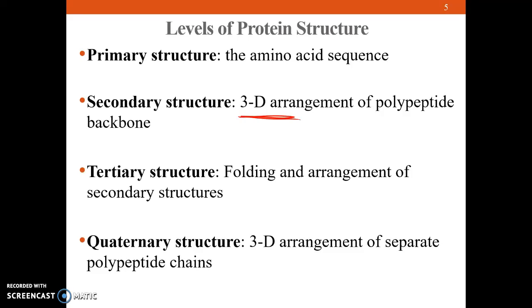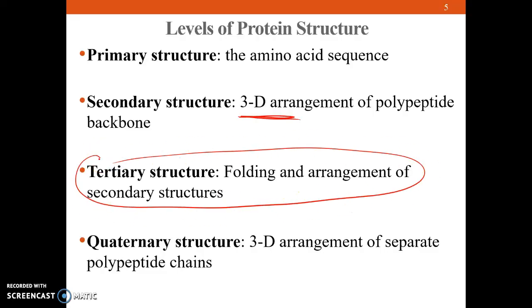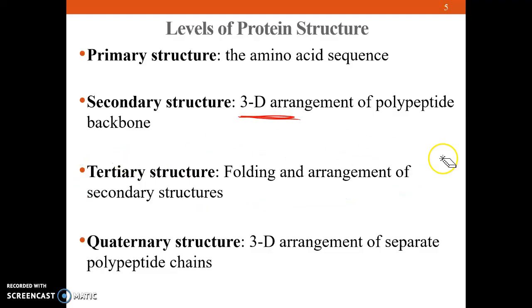There are 2 secondary structural elements that we're going to look at and what governs their 3-dimensional structure. Those will combine to form the tertiary structure, and that will actually be the first fully functional protein. So multiple secondary structural elements form a tertiary structure that is a fully functional protein.